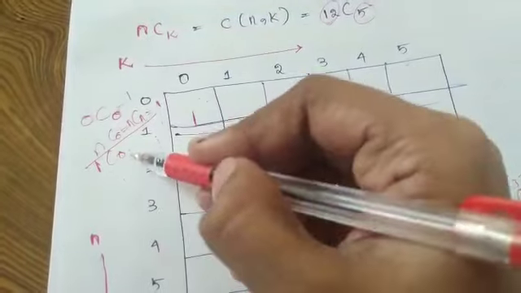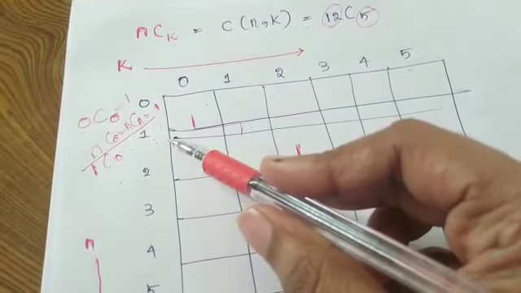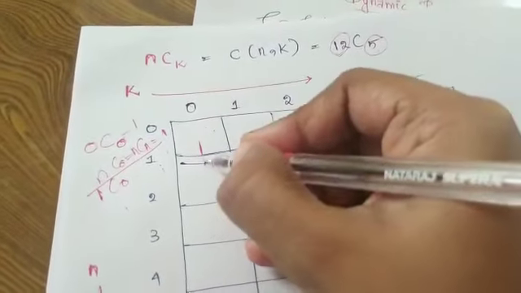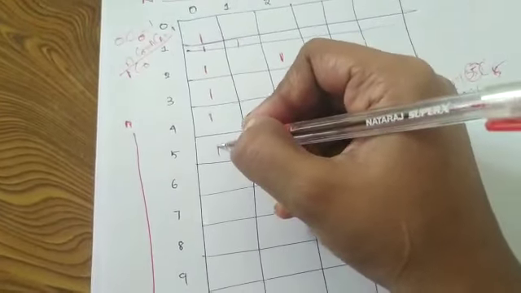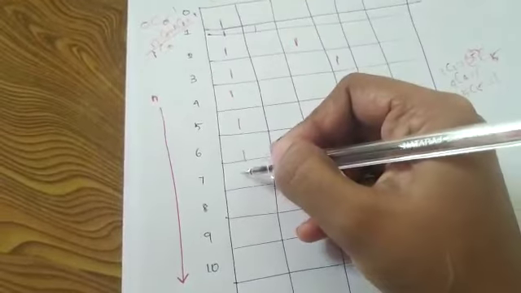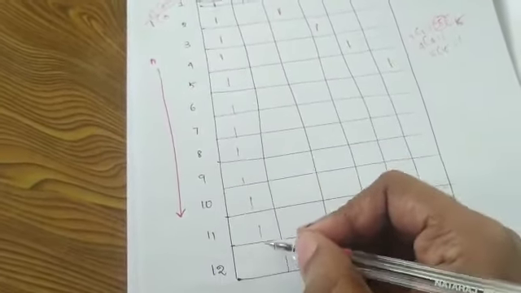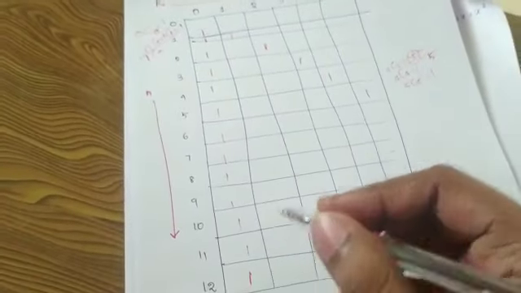So 1C0, 2C0, 3C0, 4C0 and so on are all 1. Wherever k is equal to 0, the column always contains 1.